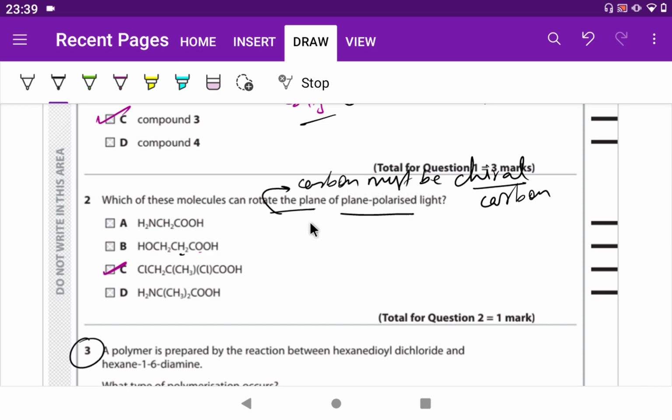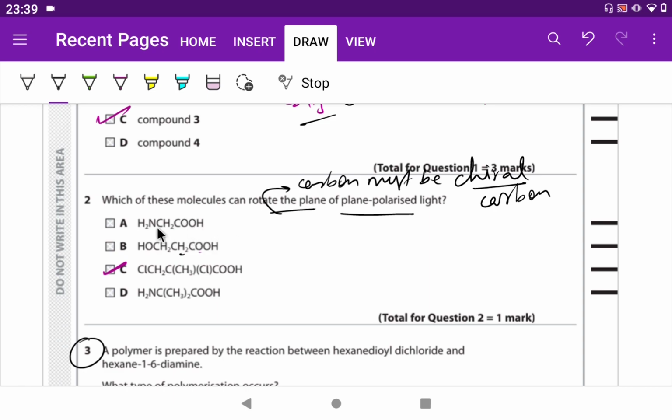Any compound should have at least one chiral carbon atom. What is a chiral carbon atom? It means the carbon is attached to 4 different atoms, A, B, C, like this. So we have to check all these 4 compounds for which carbon is connected to 4 different groups.